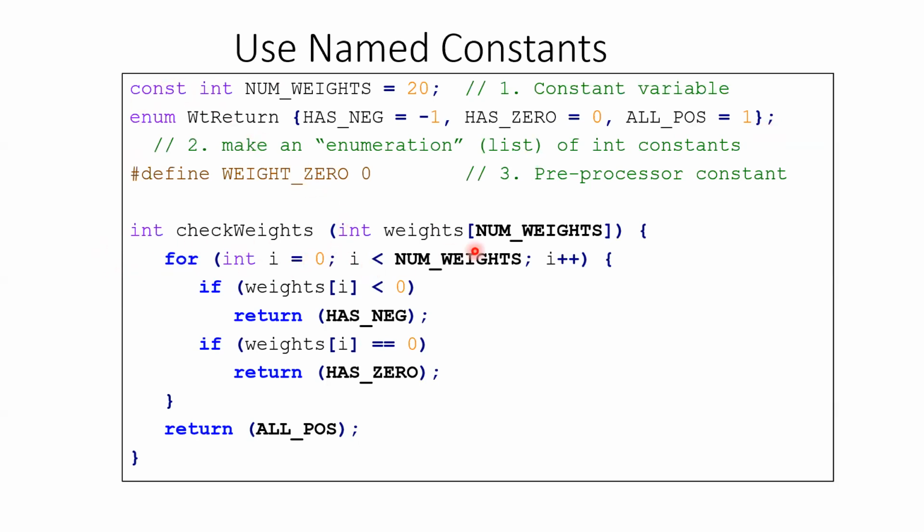And then we just replace all of the 20s with num_weights. Replace the -1 with has_neg, the 0 with has_0, and all positive to be all_pos.